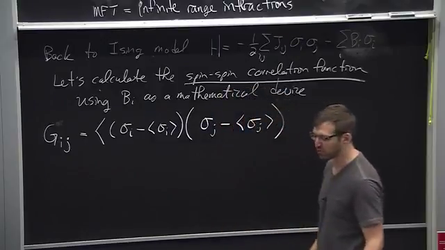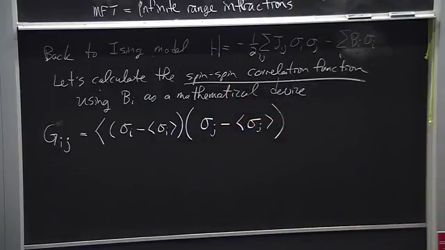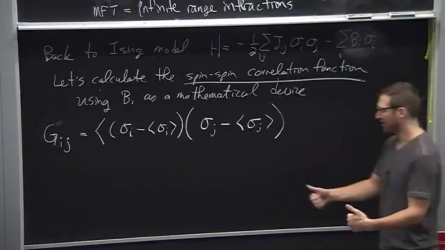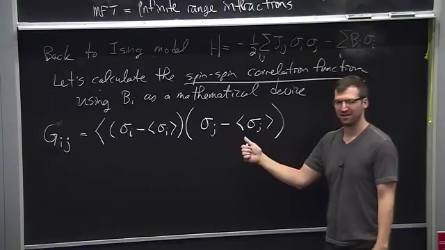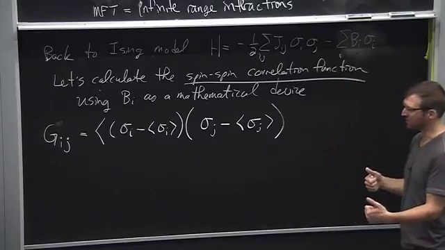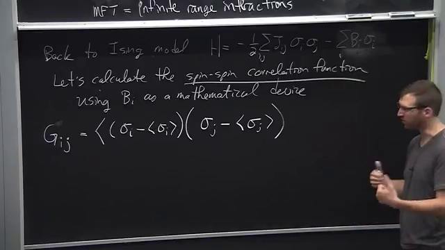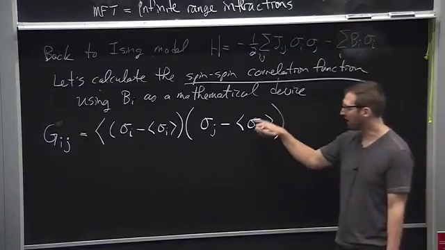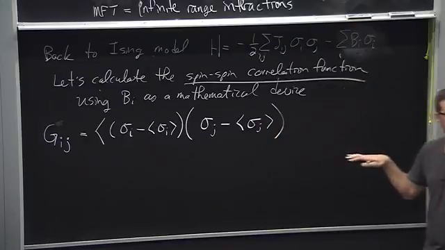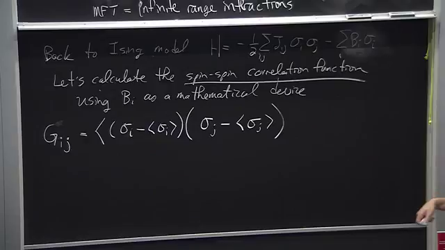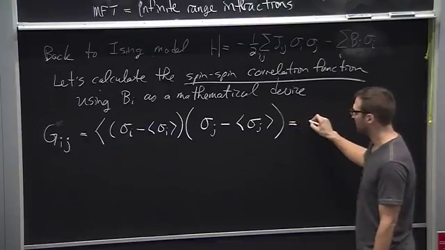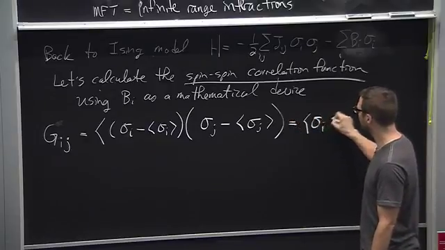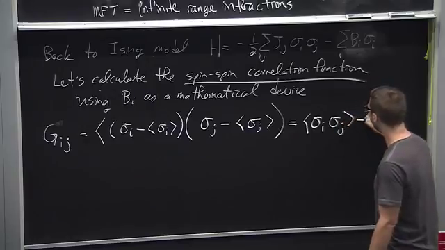The first is like the fluctuation term. So it's like the fluctuations of the variable sigma on site I multiplied by the fluctuations on site J. And the fluctuations are occurring around the background magnetization. This is completely mathematically equivalent to this expression.